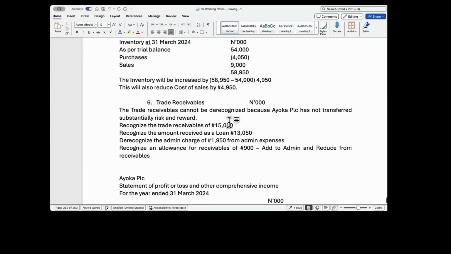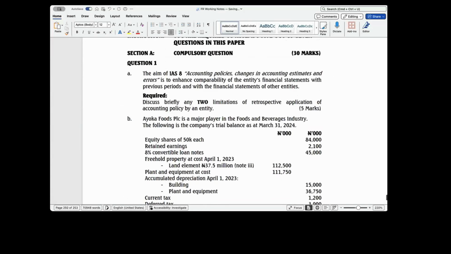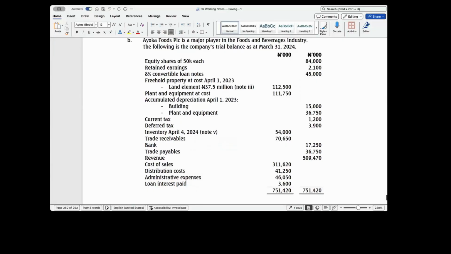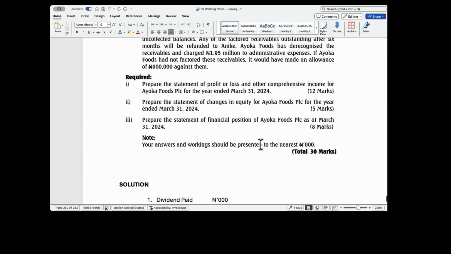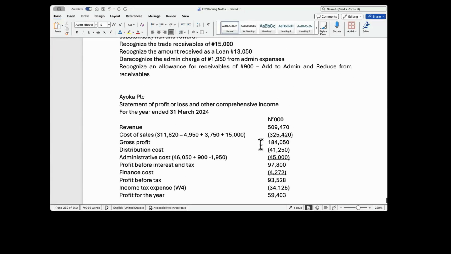My receivables. How much was my receivables? 7,650.